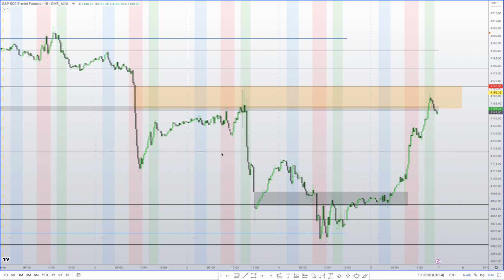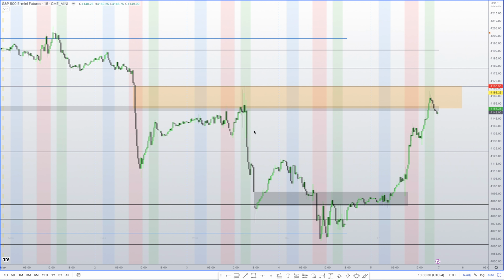So if we know that, FOMC is also at 2 o'clock, by the way, which is this swing high right here. So if we're trading here ahead of FOMC, and we know this is sell side liquidity, isn't it reasonable to think that it's probably going to run up a little bit higher, fake people into thinking it's going higher, and then go lower to target this blue line?